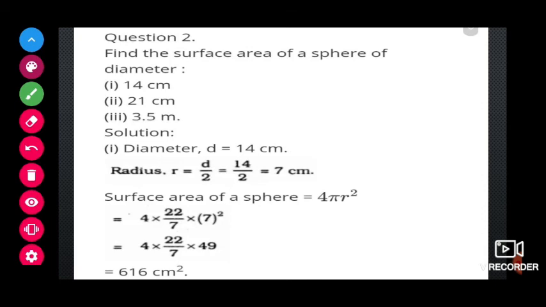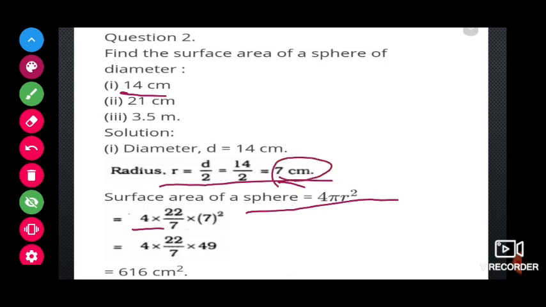Next, find the surface area of the sphere of the diameter. They have given diameter 14 centimeter. So first we have to find the radius. Radius will be diameter by 2, 14 by 2, that is 7 centimeter. Now the surface area of the sphere will be 4 pi r square, as we know already. So 4 into pi, 22 by 7, into r square, 7 square.